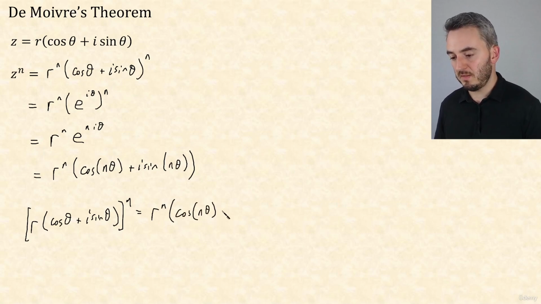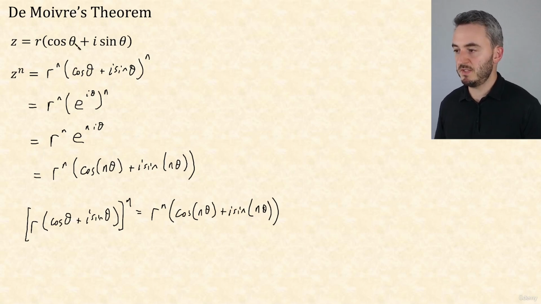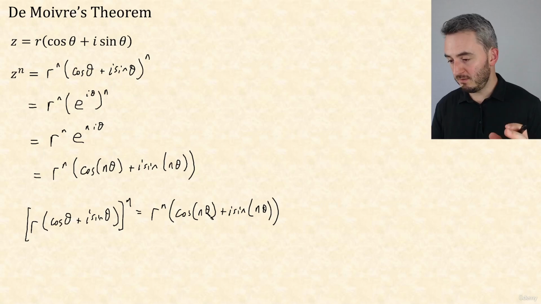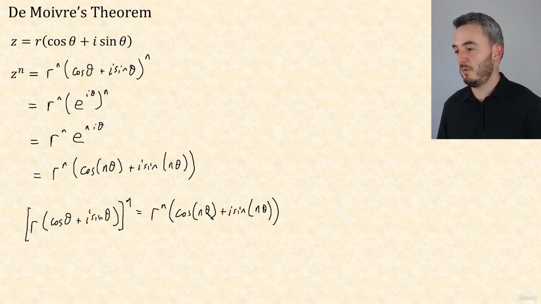So you can bring that power down into the argument. So it's a lovely result, right? Raising this inside bit, just the cos theta plus i sine theta bit, to a power of n, the n just appears inside the trig functions, and it's going to prove unbelievably powerful. So let's look at how we can use that.